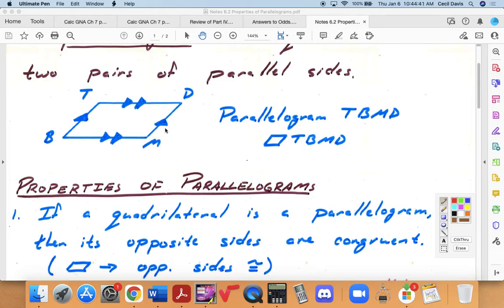So consecutive angles would be like, for example, angle T and angle B. That's just same side interior angles. Yes, they're just same side interior angles made by parallel lines, so of course they're supplementary. Okay? She eventually got there.